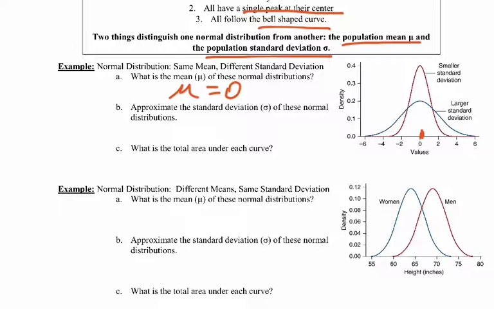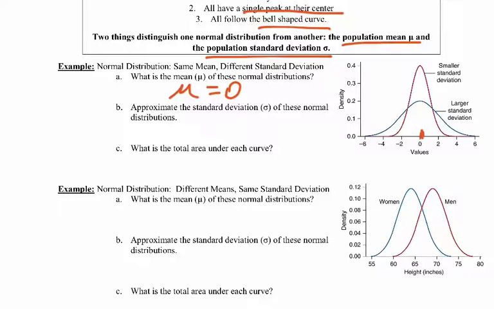Approximate the standard deviation for each of these normal distributions. So the spread, remember we talked about spread back in chapter 3. The mean for these two distributions is the same, but the spread is different. Which one looks like it's got the larger spread? Hopefully you see that it's the one that's a little bit flatter. That flatter graph indicates it's going to have a larger spread, or a larger standard deviation.